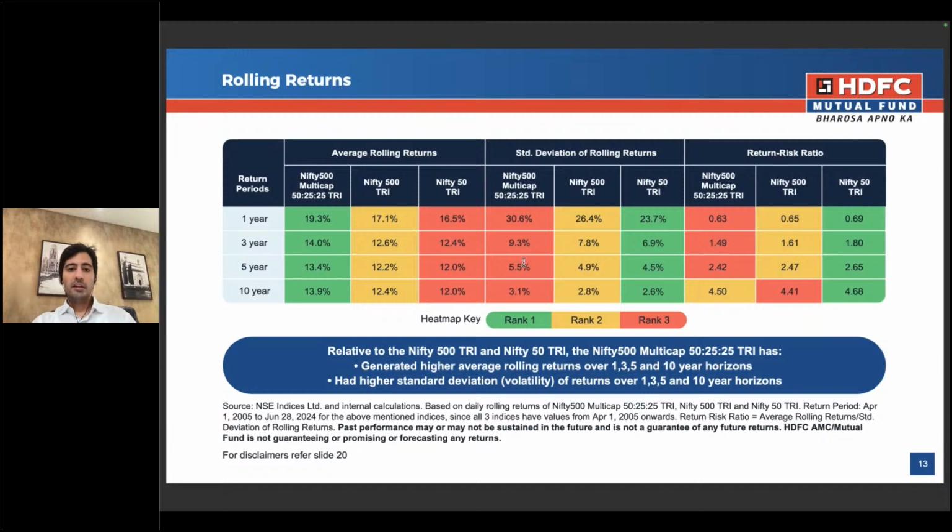So that is the main conclusion from the slide कि returns ज़्यादा अच्छे रहे हैं, but that has come with higher volatility. So आप just as per your own risk tolerance उसी हिसाब से इस product में allocation कीजिए.